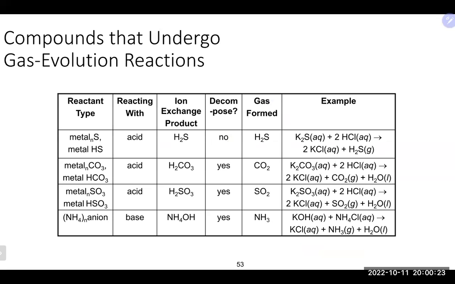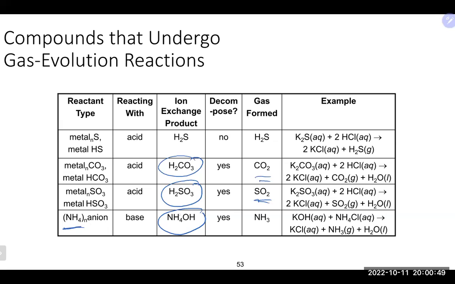Here's a table that walks you through the different combinations that you could get and the gases. Most of them, as you can see here, are a result of a decomposition reaction happening. So if you have carbonate or hydrogen carbonate, you're going to get CO2 gas forming. If you have sulfite or hydrogen sulfite, you'll get some SO2 gas form if you react it with an acid.